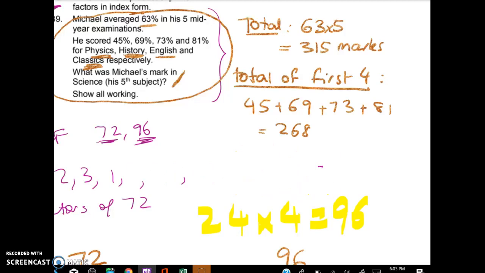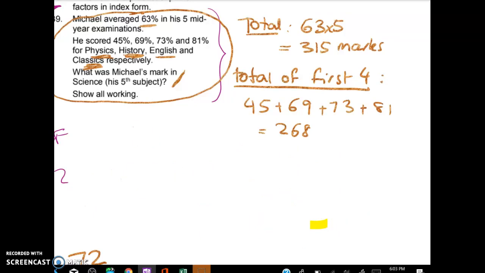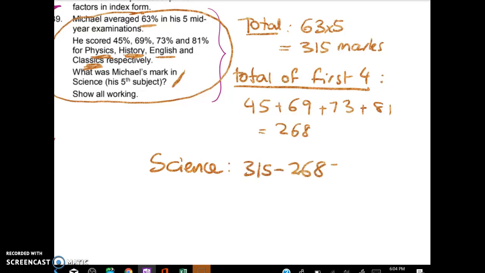Let's get rid of all of this mess around here so that we have a clean screen to work on. So what do we know about science? Well, it must have been enough to give me the average of 63. So science must have been 315 minus 268. So that gives me 47 marks, or 47%.